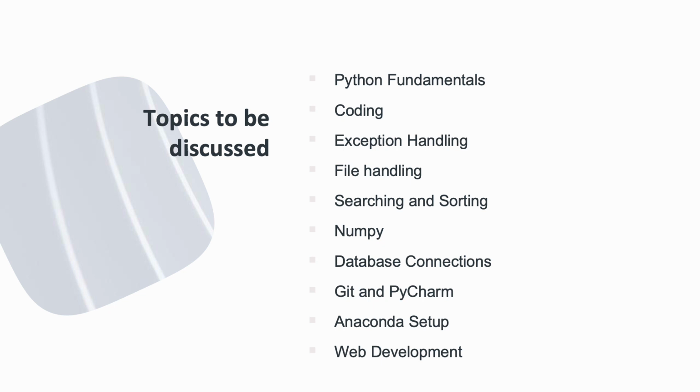And as part of the coding, we'll be learning exception handling and file handling as well. And some of the algorithmic techniques like searching and sorting will be learned as part of this series. And one of the popular topics, NumPy, we are going to talk about.